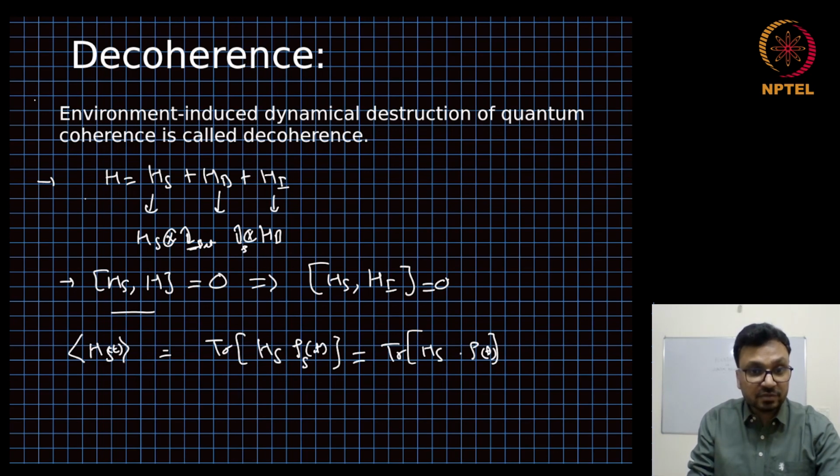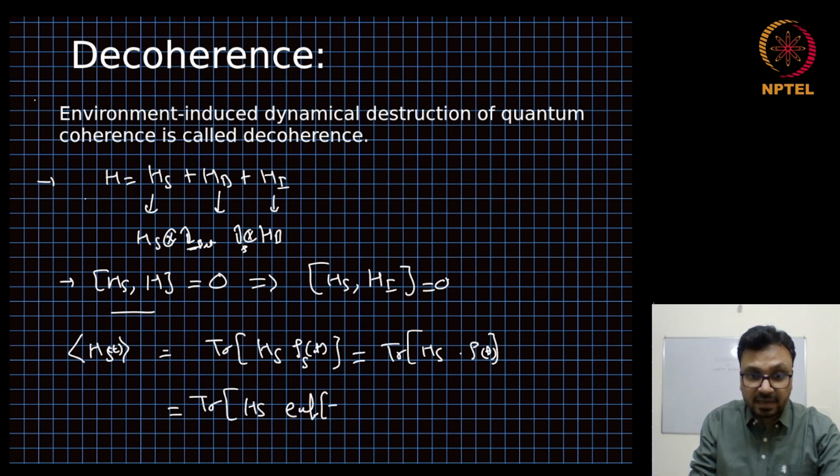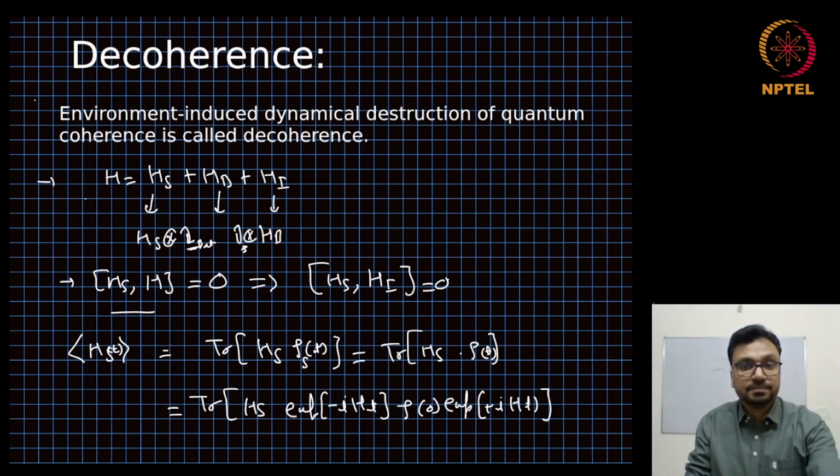Earlier the trace was over only the system, now the trace is over system and bath, and this can be written as trace of Hs, and rho of t can be written as exponential of minus i times the total Hamiltonian H times t, rho at 0, exponential of plus i H t.